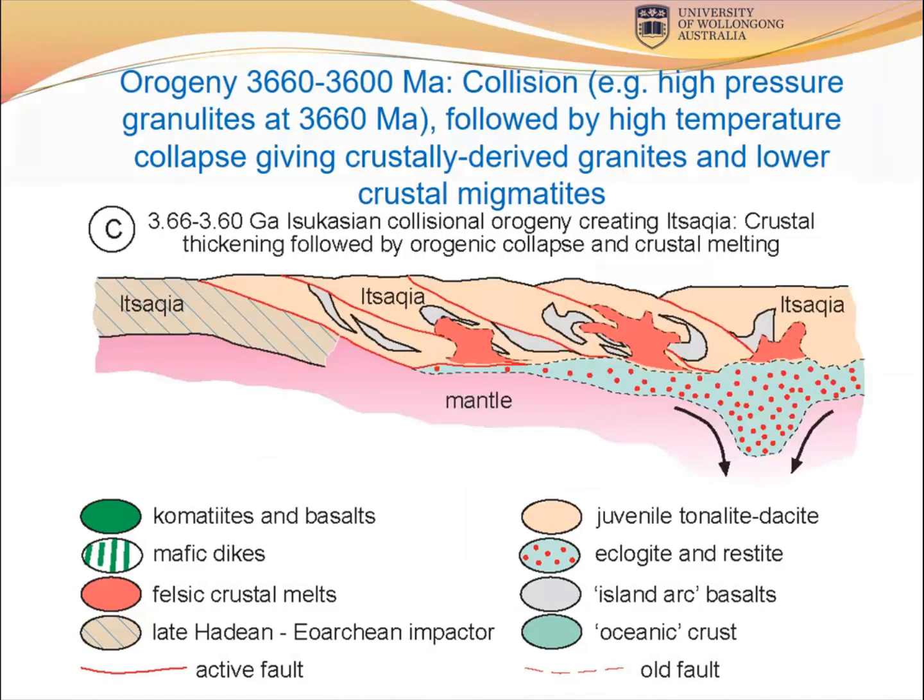Finally, these blocks of new juvenile crust end up colliding, and then you get the felsic crustal melts occurring, the secondary granites.